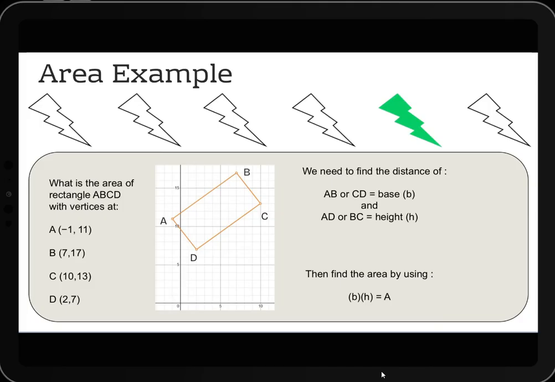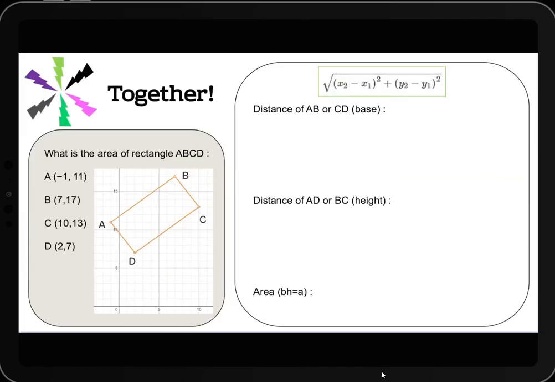And what we really need to do is we actually only need one single length for the base, and there's 2 options, or one single length for the height, and there's 2 options. So we don't have to find all 4 side lengths, thank goodness, right? And even if we did, they would actually be the same because the rectangle's opposite sides are equal. So we just have to find 2 lengths, actually, and then use the area formula.